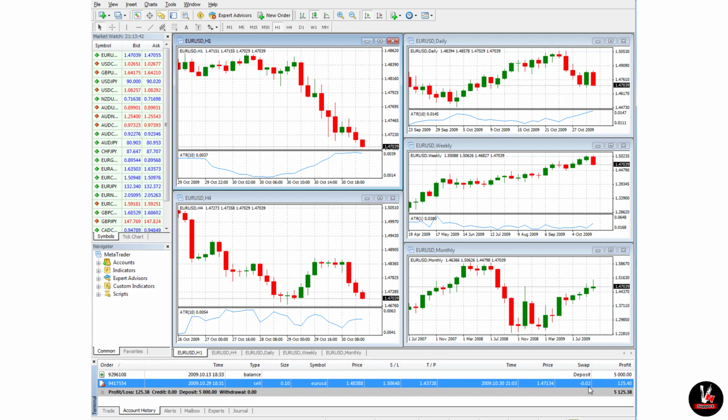But that's $125 that was made basically in one day on a $5,000 account while controlling our risk. And our risk was $233 at the time. So we've done a good job of getting into a profitable trade. We've managed that trade by managing our risks, and we've exited that trade. And in this particular case, we've exited the trade at a profit.